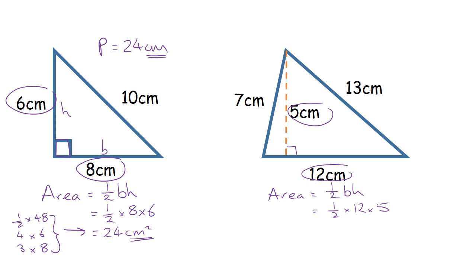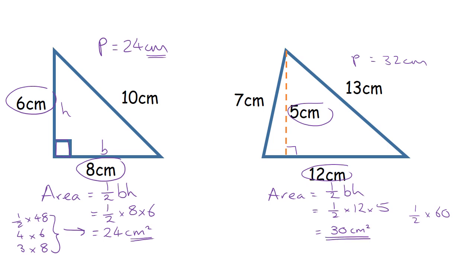Now, I could do all three options here, but halving 5, that's not going to be friendly, especially then to times it by 12 without a calculator. So what I would do here, I would do half of 12, which is 6, times 5, which is 30. I just want to reiterate, we could have done half of 60, which is 12 times 5, also 30. Perimeter, I think you know, add them all up together, 32 centimeters.